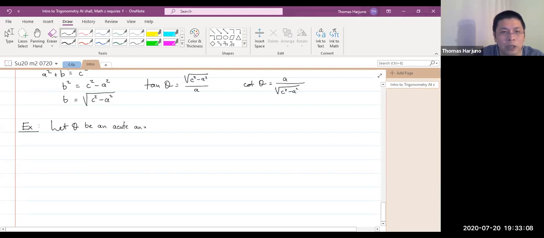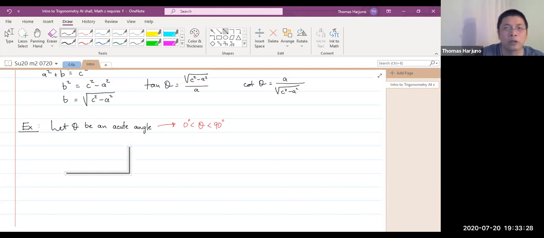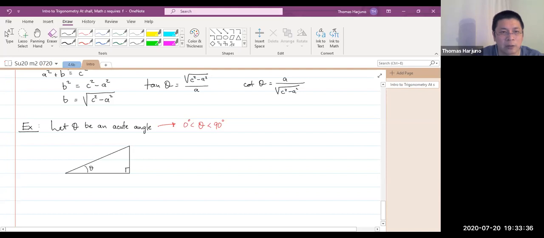Now, from your reading in 5.1, later on, you will see theta is an acute angle means theta is between 0 degrees and 90 degrees. And because theta is an acute angle, it means we can put that into a right triangle. Okay, let's say this is my theta.